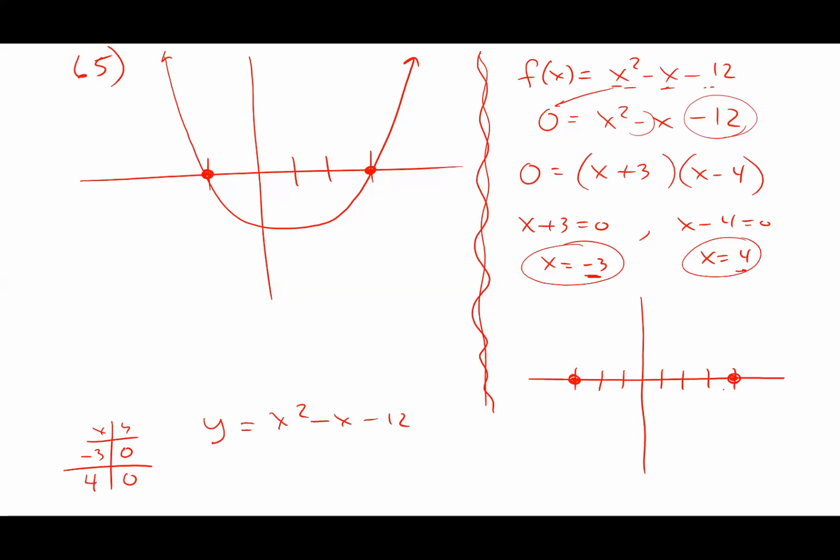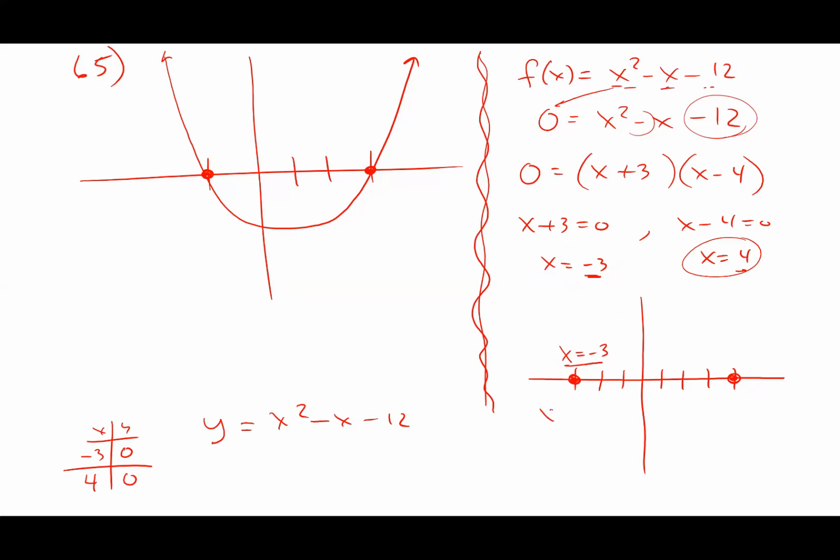What 65 is telling us, it wants us to go backwards. So notice x equal to negative 3 is the coordinate where it hits the x-axis. That means, let's do this whole thing backwards.